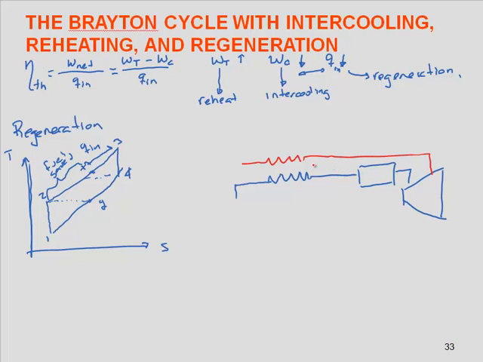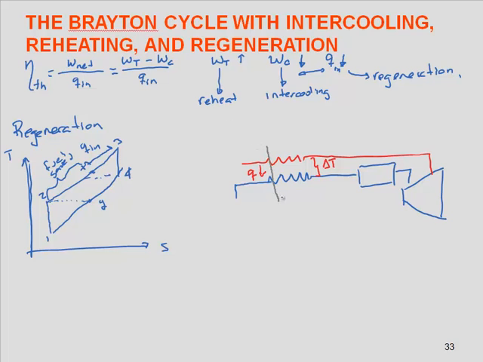This air has high energy, so heat will go from this point to this point. In order to do that, we will need to have a delta T. So this will be our regenerator.